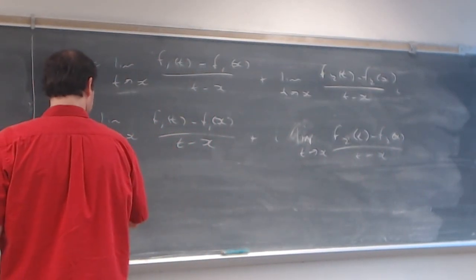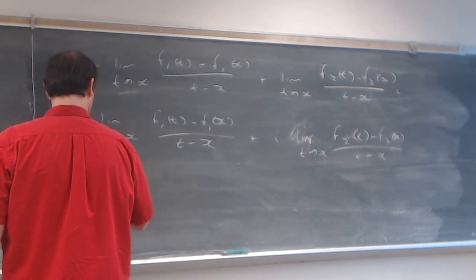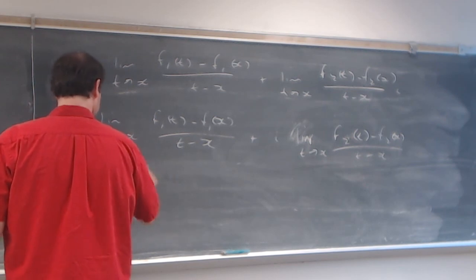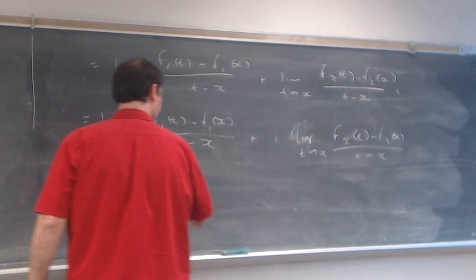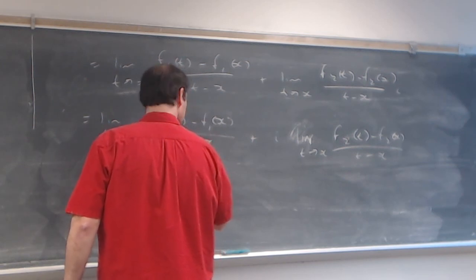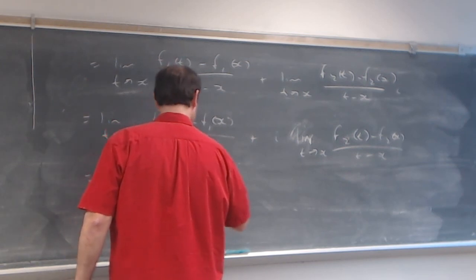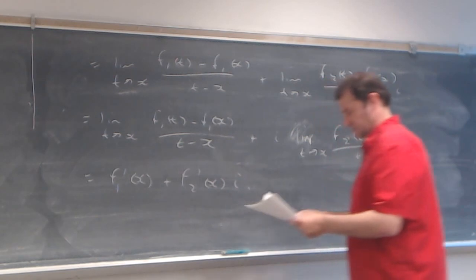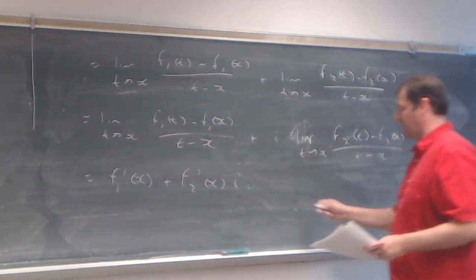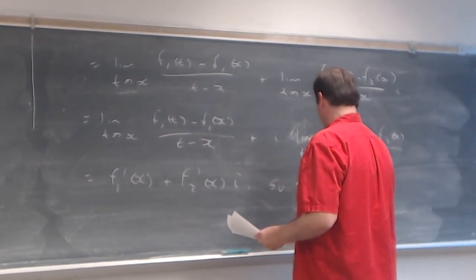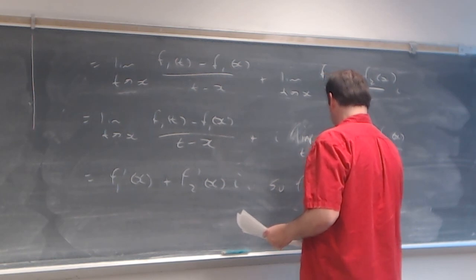And that's equal to f sub 1 prime of x plus f sub 2 prime of x times I. So that says f prime of x exists.